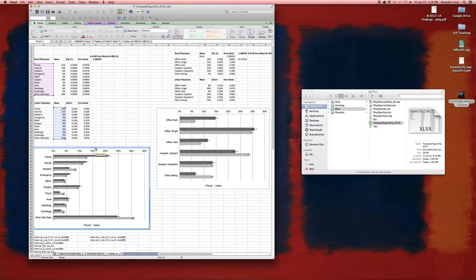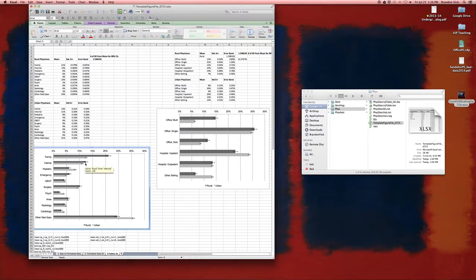The other thing, however, is this gap is very wide. So there's no question that there's an urban-rural difference. But what about, say, this gap in internal medicine, or this gap that's much closer for surgery or anesthesiology? Those are a little bit closer. Now, are those gaps real?